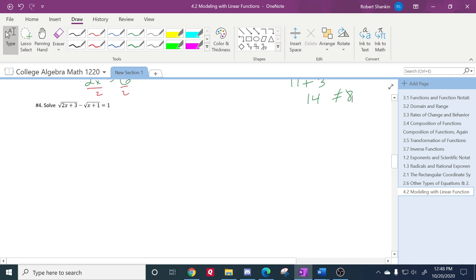And number 4. Alright, now this was a problem that we were going to get to the last class, but we didn't quite get enough time to do it. So I'm putting it in the practice quiz here. So you've done some solving of square root equations. Go ahead and take the first step, the first couple steps of this.